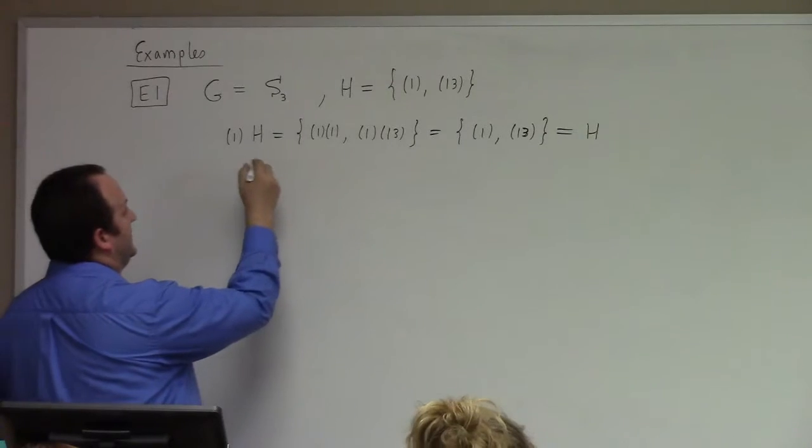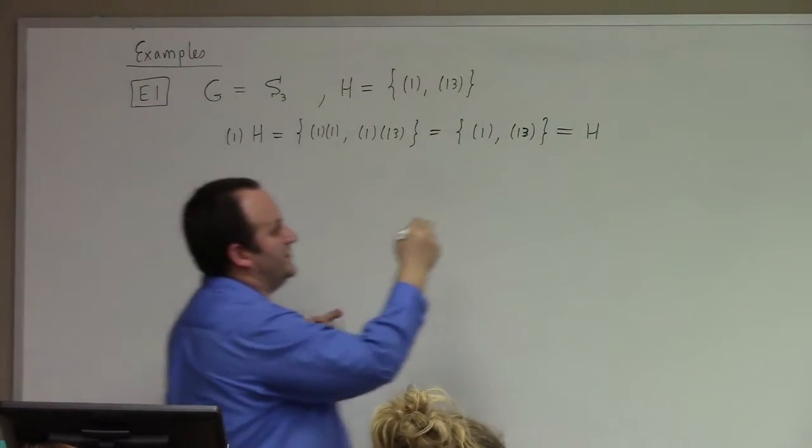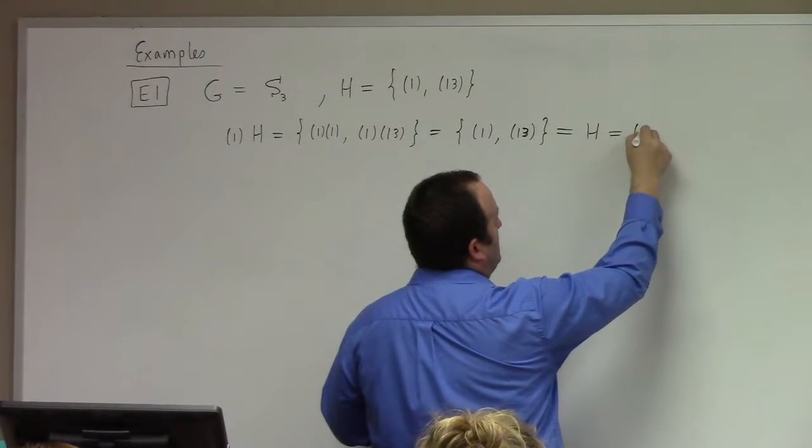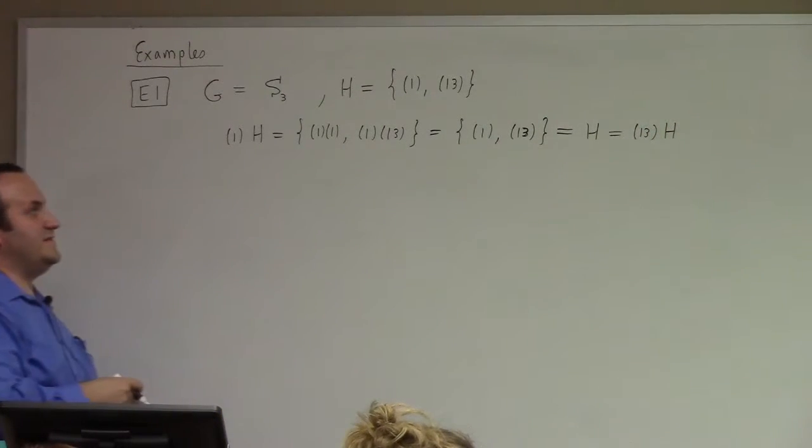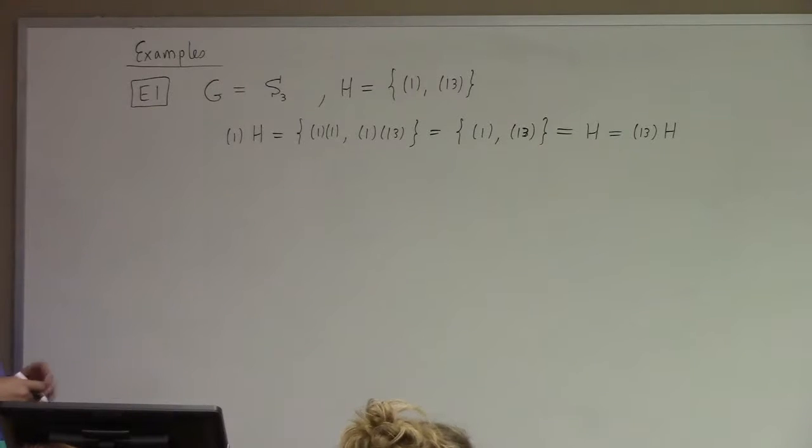Let's see here. By the way, (1 3)H is also equal to H, because if you multiply the elements in H by (1 3), you get (1 3), and then (1 3) squared is the identity again, right? Because the transposition is order 2.